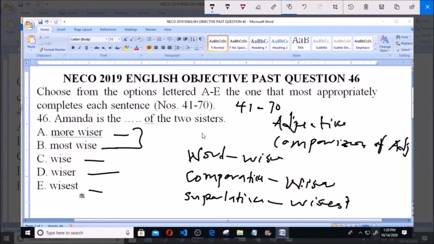So we have wise, wiser, wisest, and the sentence says Amanda is the dash of the two girls. So if the first girl is wise, then the second girl is wiser, then Amanda will be what? Wisest. So option E is correct. So Amanda is the wisest of the two girls.